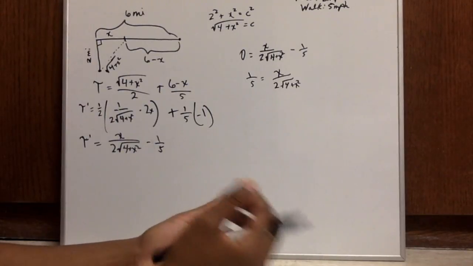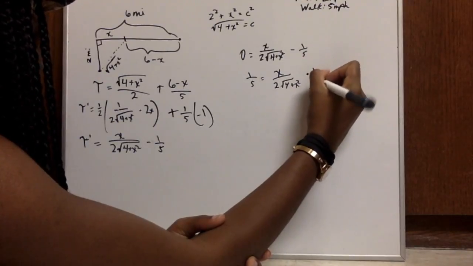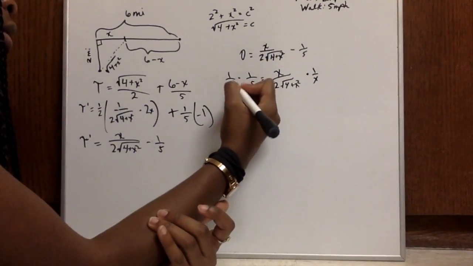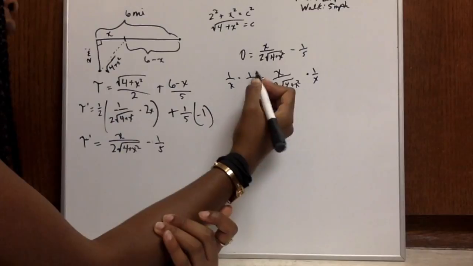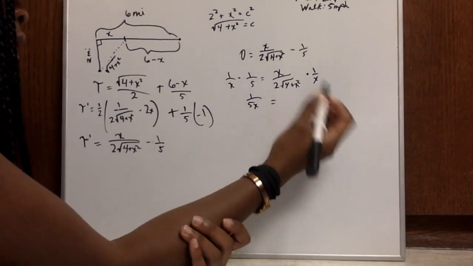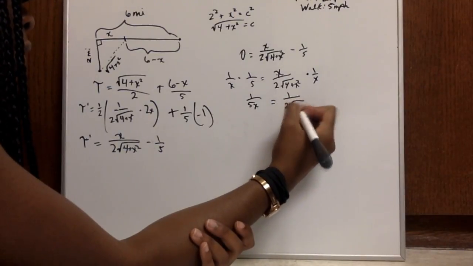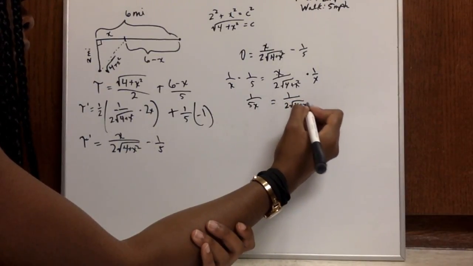So I'm going to multiply by 1 over x on both sides. One over x times 1 over 5 is 1 over 5x. Here the x's cancel out and we'll be left with 1 over 2 radical 4 plus x squared.